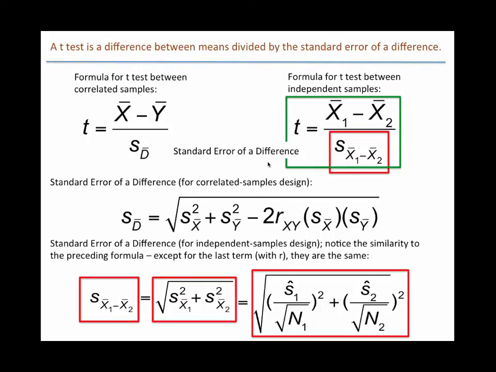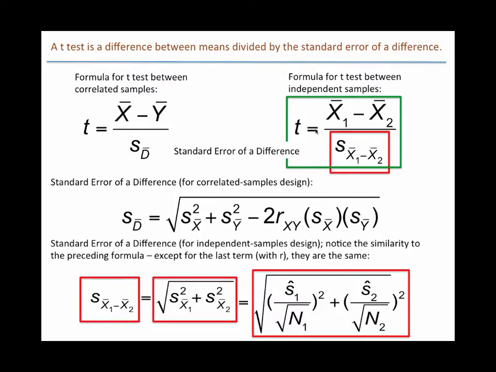When we move to Excel in a few minutes, we'll start by opening the Excel spreadsheet that we ended with in the previous video. And of course there we computed the standard error of a difference between correlated means, or S sub d bar.